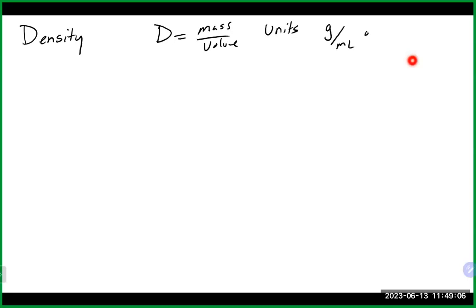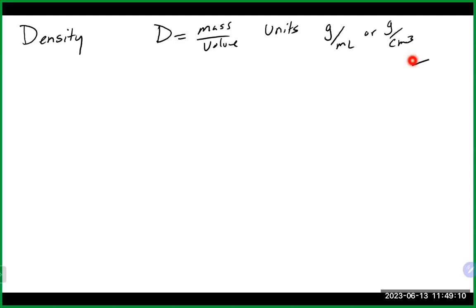Okay. The last thing we're going to talk about in this pre-chapter is density. Density is really the mass of a substance to its volume. Common units of density are typically grams per milliliter or grams per cubic centimeter.